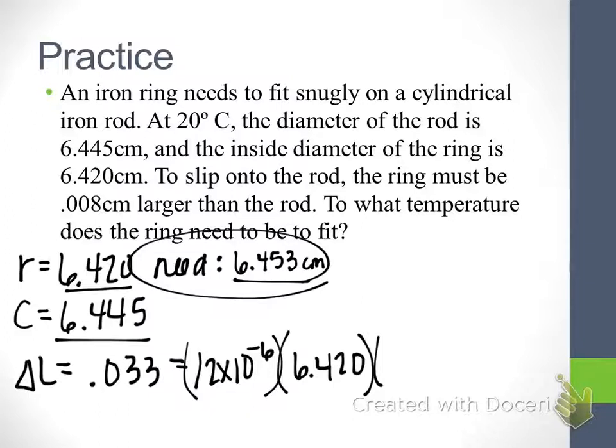We're solving for final temperature. So X minus 20, since our original temperature was 20. You've got to add 20.